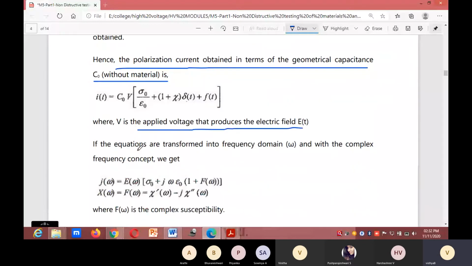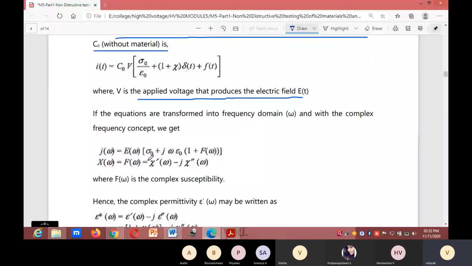If the equations are transformed into the frequency domain with the complex frequency concept, we get J of omega equal to E of omega (sigma naught plus j omega epsilon naught (1 plus f of omega)).